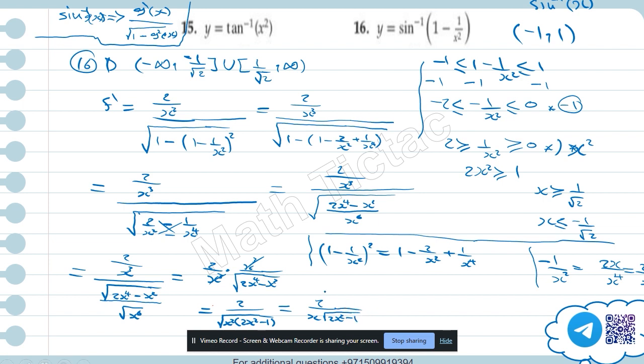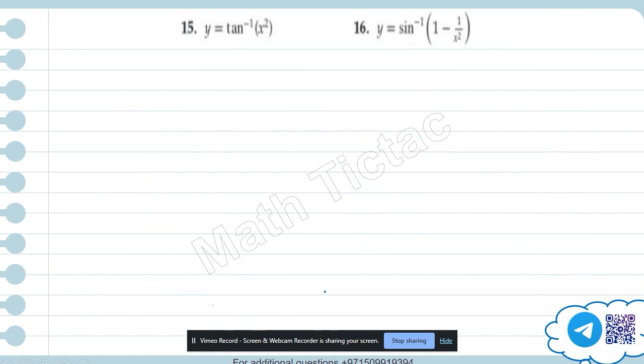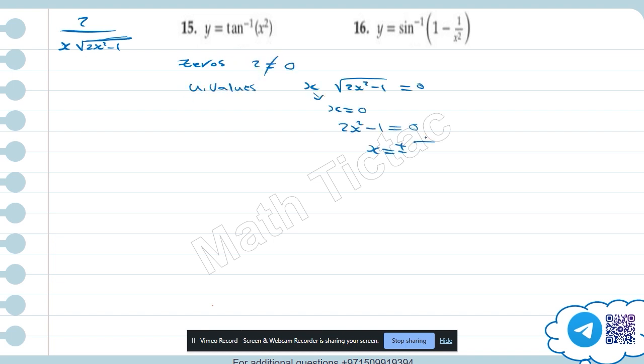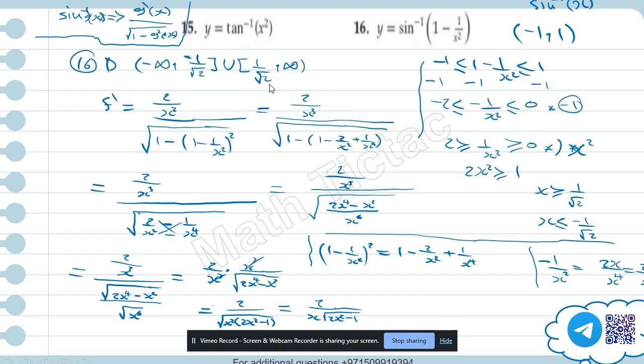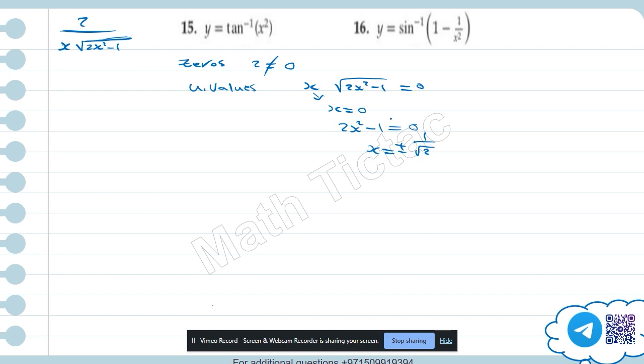Now over here, this is my number line. I will take minus 1 over square root of 2 and 1 over square root of 2. Now the function is undefined on this part, which is between minus 1 over square root of 2 and 1 over square root of 2, the original function. I'm talking about that. So let's test the derivative over here.